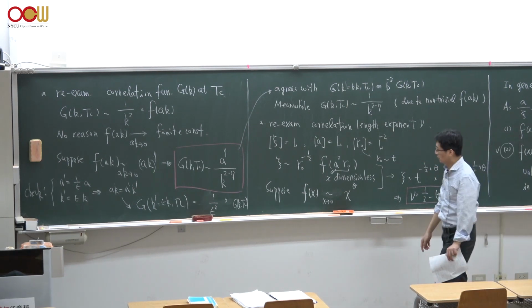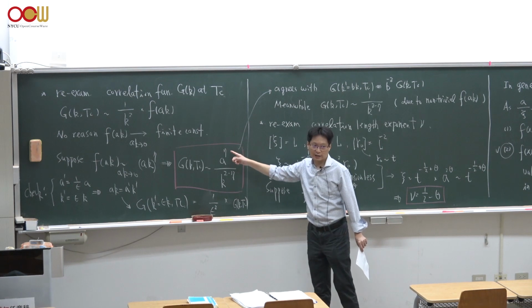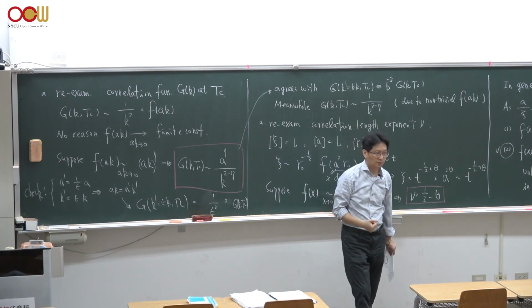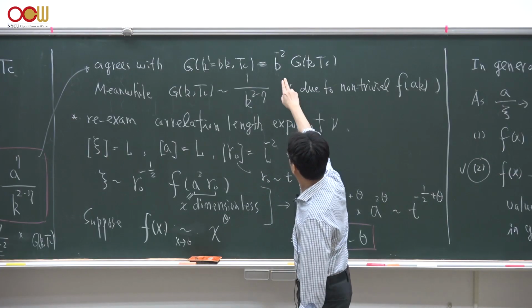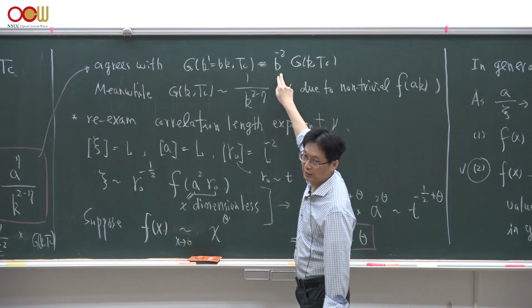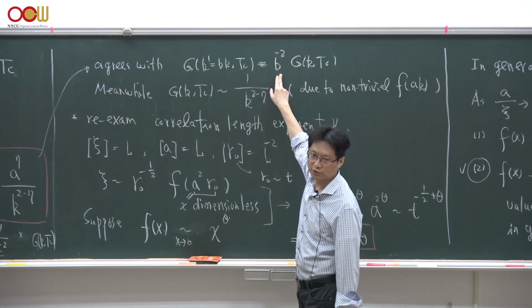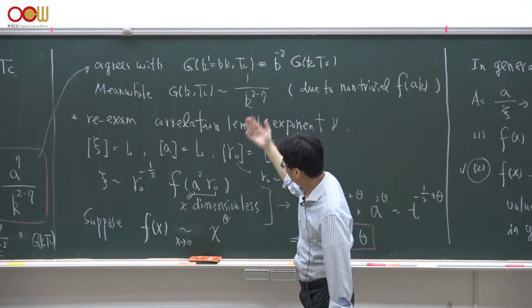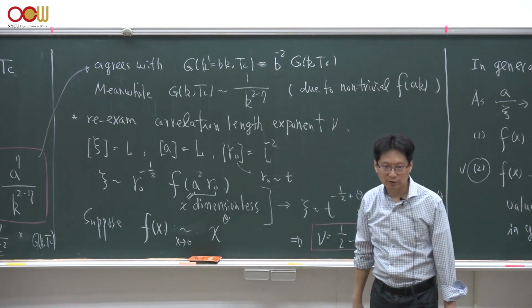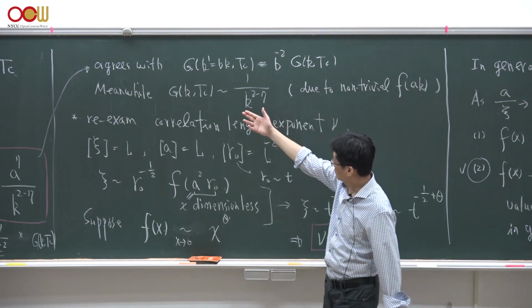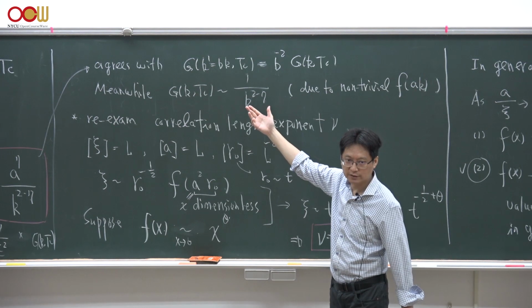So you see, this little a to the power of eta actually saved our argument, preserving this scale transformation of the correlation function while maintaining the anomalous exponent eta appearing in this correlation function in k space at Tc.